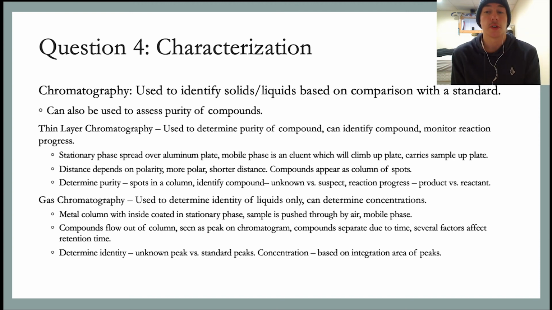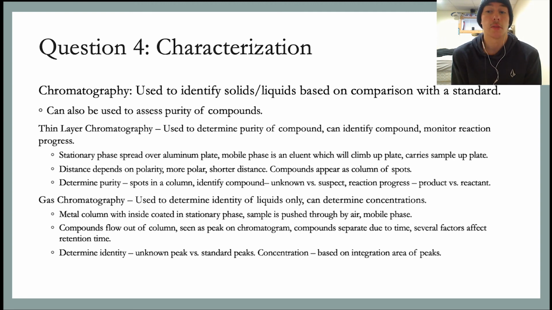The other form of chromatography of focus is gas chromatography, or GC, which is used to determine the identity of liquids only, not solids. It can also be used to determine concentrations of unknowns using standard curves. In the case of GC, the stationary phase is coated on the inside of a metal column, while the sample is pushed through by air, which is the mobile phase.